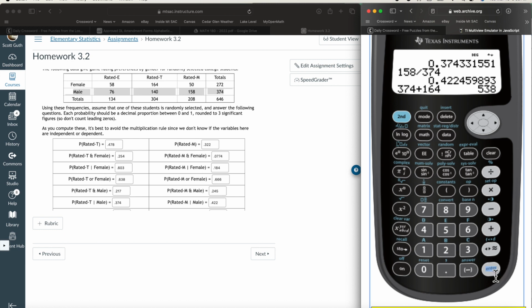Out of the group, so you're going to divide that by 646 here. And so here we're going to get 0.833, I guess.